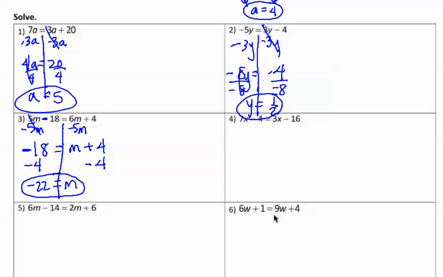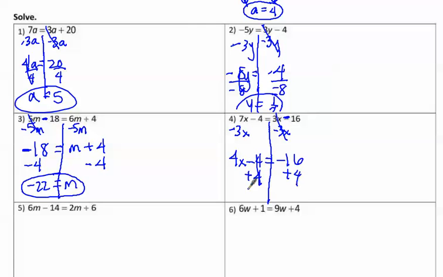Looking at number 4, I'm going to draw my line. I'm going to move 3x to the left side by subtracting 3x. So I get 4x minus 4 equals negative 16, again, because it says minus 16. It's a two-step equation, so you want to move the constant first.